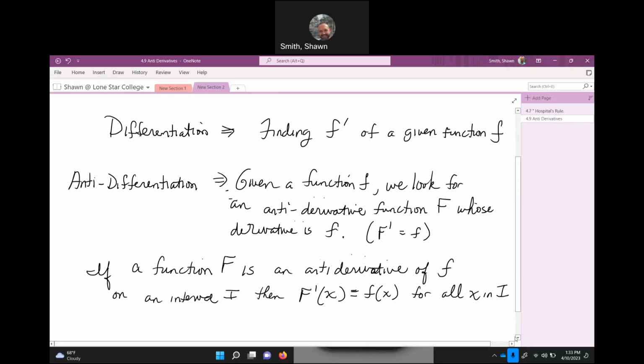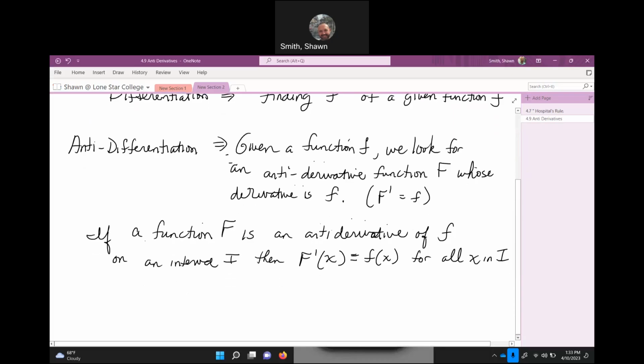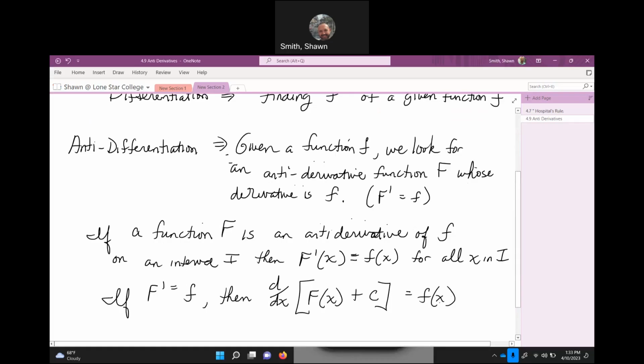And we can continue writing it symbolically. Cap F prime is equal to little f, and the derivative with respect to x of cap F of x plus c is equal to f of x, where c is a constant.